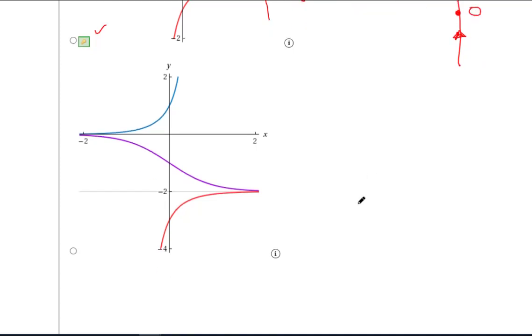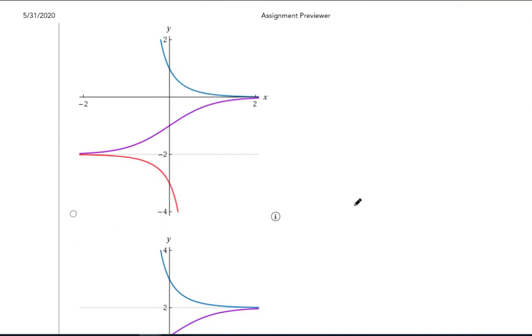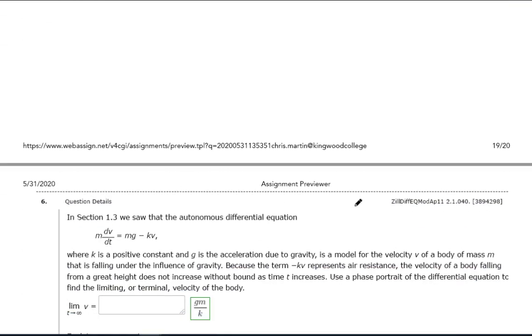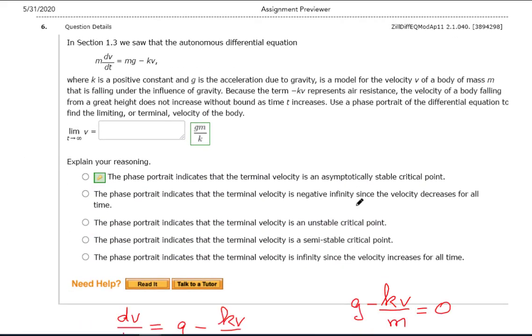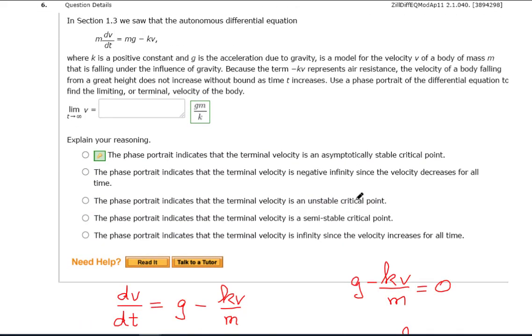Okay, so in our last problem, we are looking at something from mechanics. We have the mass times the change in velocity with time depends upon mg minus kV, which is a term representative of air resistance.